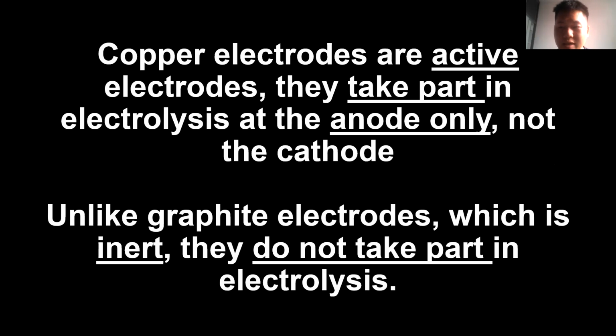Unlike graphite electrodes, which are inert and do not take part in electrolysis, copper electrodes actually take part in the electrolysis reaction. Graphite electrodes are just there to connect the wires to the solution.